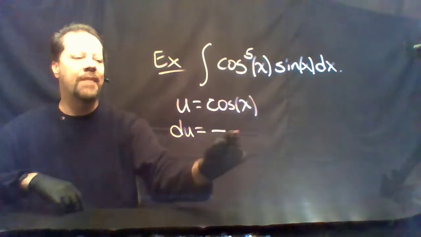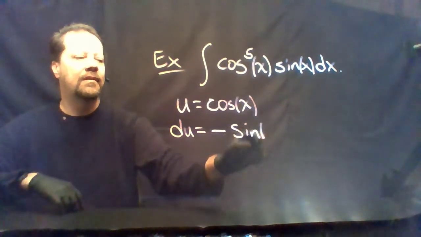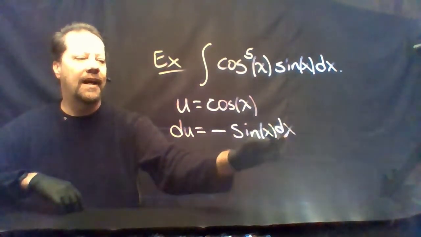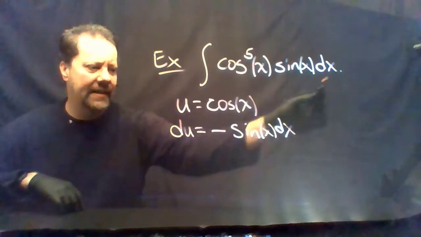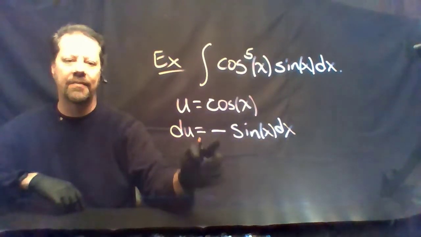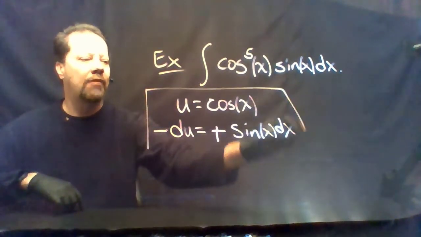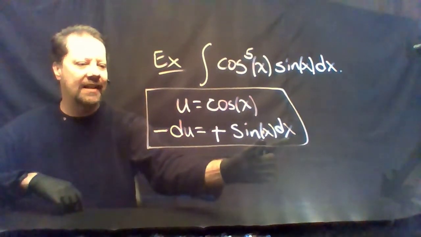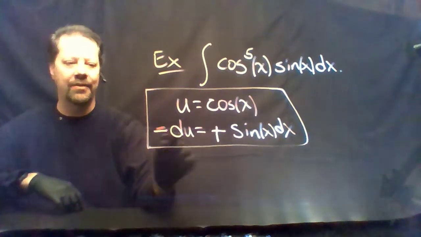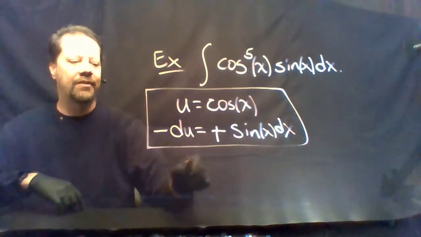Du is going to be minus sine x dx. We have sine x dx, but not this minus. So I'm going to multiply both sides by a minus 1. I'll replace sine x dx by a negative du. This negative can come out of the integral.